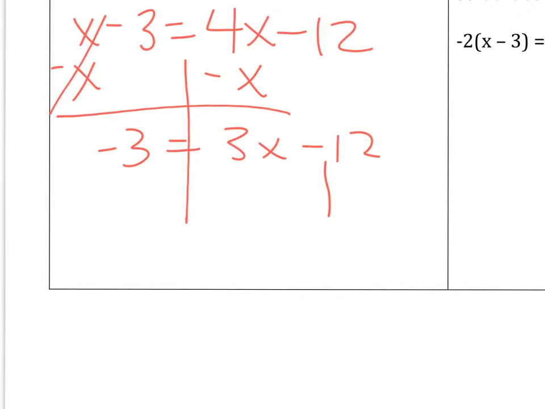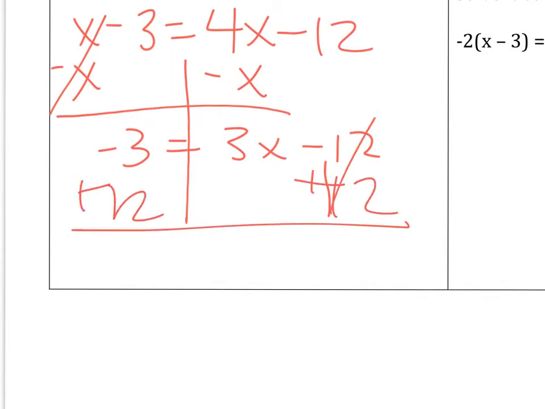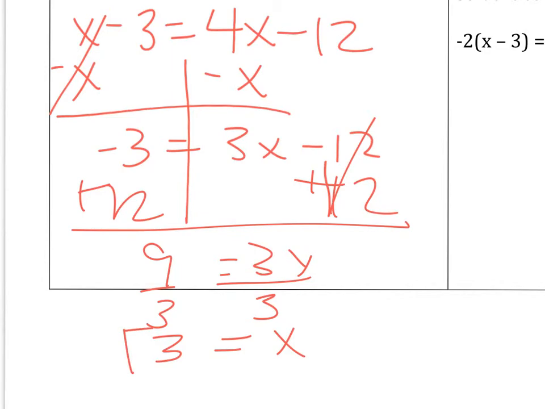Let me get rid of that. Okay. And then we're going to add 12 over here. So this is 3x equals 9. Divide by 3. X equals 3.